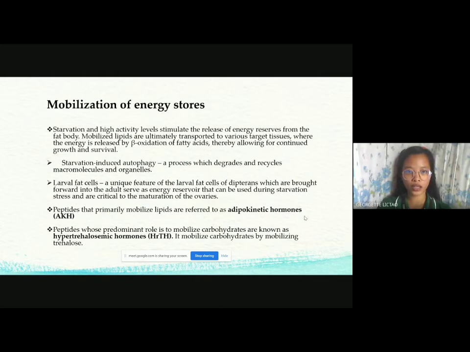Starvation-induced autophagy is the process which degrades and recycles macromolecules and organelles. In larval fat cells, it is a unique feature of the larval fat cells of dipterans, which are brought forward into the adult, serve as an energy reservoir that can be used during starvation stress and are critical to the maturation of the ovaries.